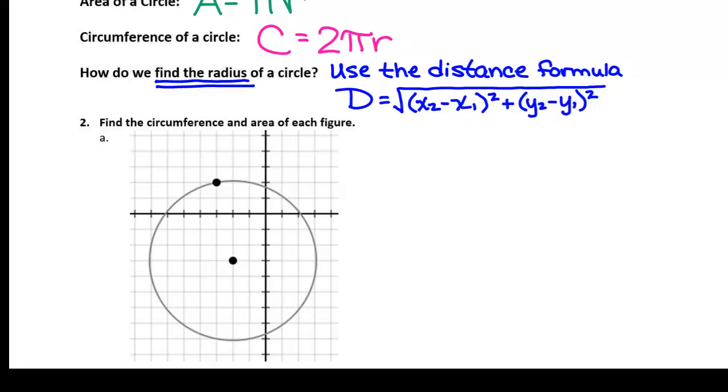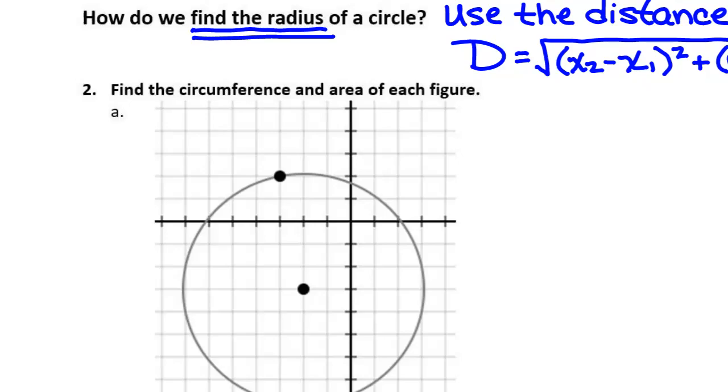All right, let's look at number 2, part A. It says find the circumference and area of each figure. So we need to find the radius, the distance from the center to a point on the edge of the circle. So this right here would be my radius.